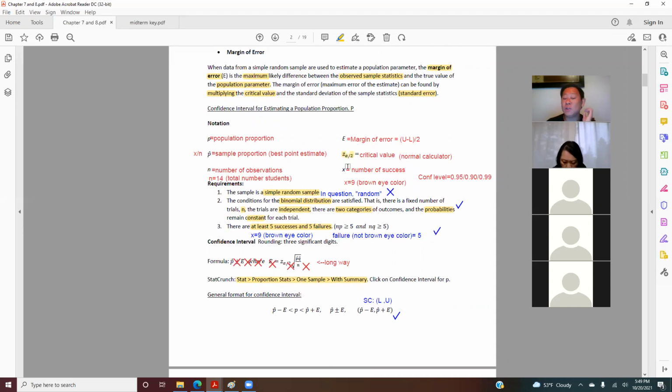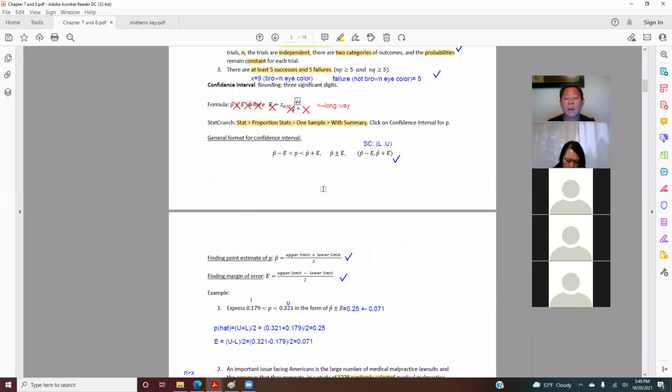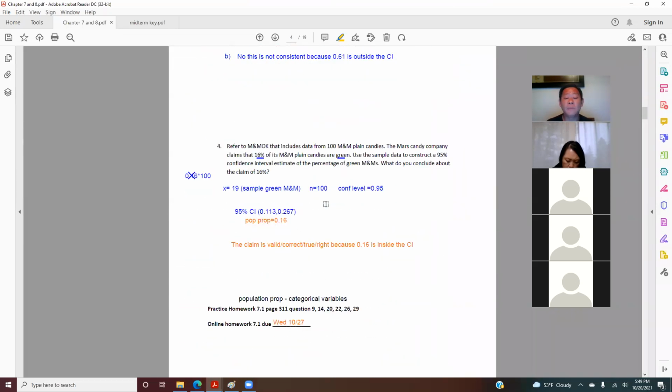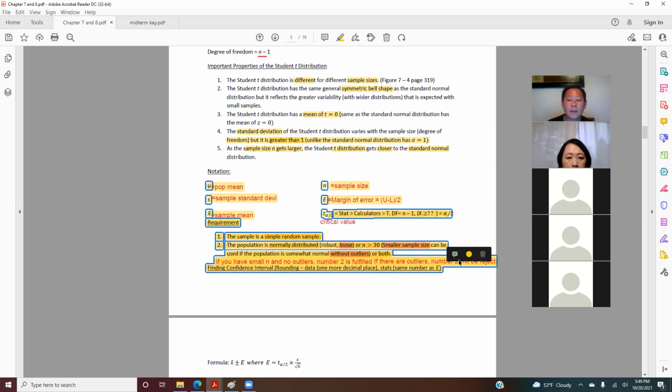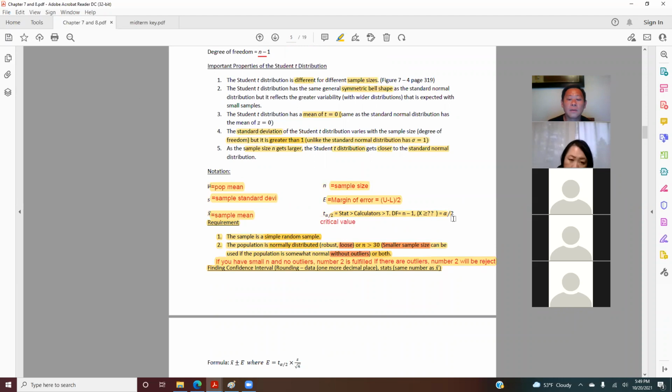And the reason why we use Z alpha over 2 in the previous section is because it is for the standard normal, normal distribution, 0, 1. And so we use Z. But for this section 7.2, we will use T alpha over 2.